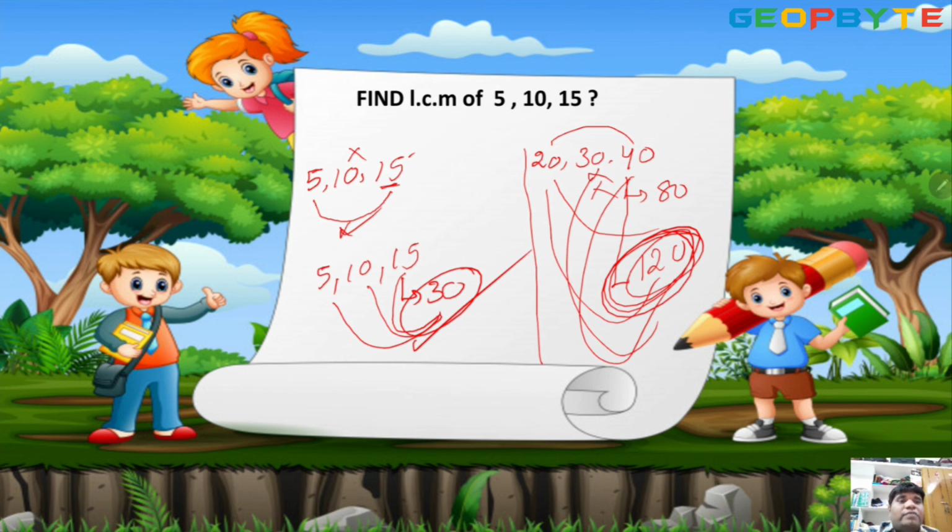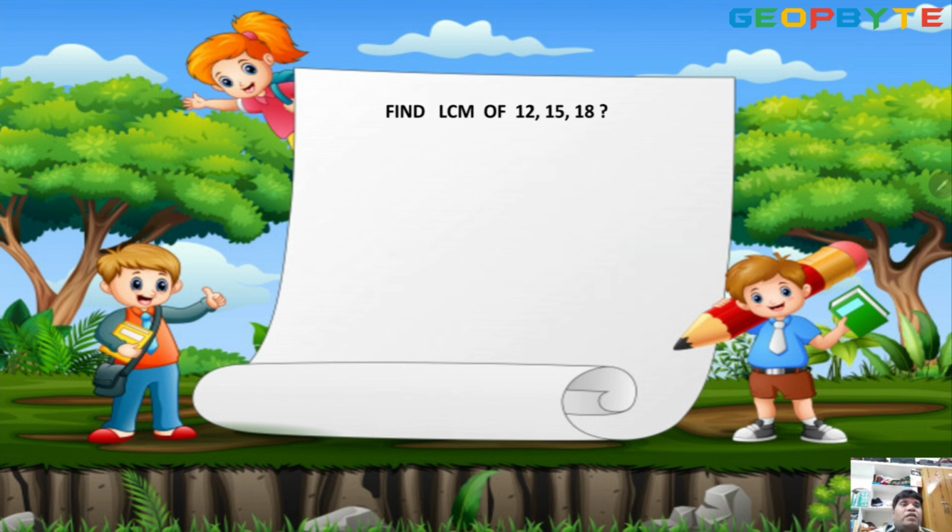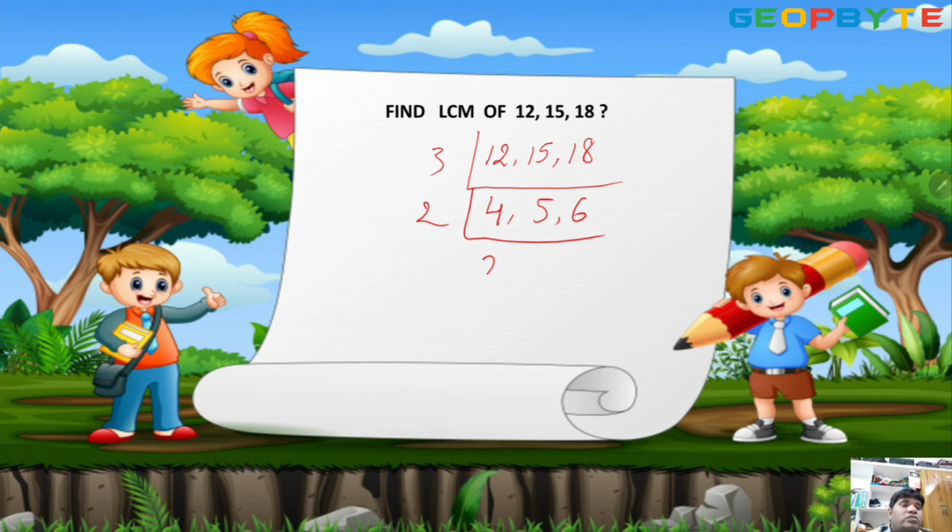Okay, now children, next. Find the LCM of 12, 15, 18. So 12, 15, 18. The 3 numbers are easily divided by 3: 3 fours, 3 fives, 3 sixes. Next 2: 2 twos, 5 is not divisible so directly replace, 2 threes. Now 2, 5, 3.